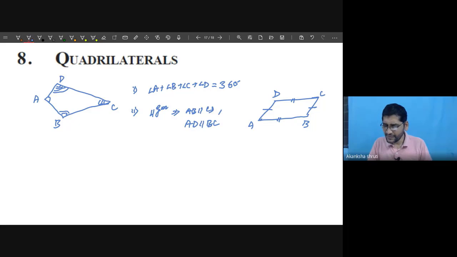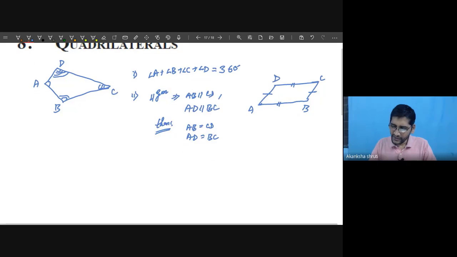Even if it is parallel, then the other condition of equality also holds good. AB equals CD and AD equals BC. Student, for a parallelogram, what makes the difference? The diagonals are unequal.